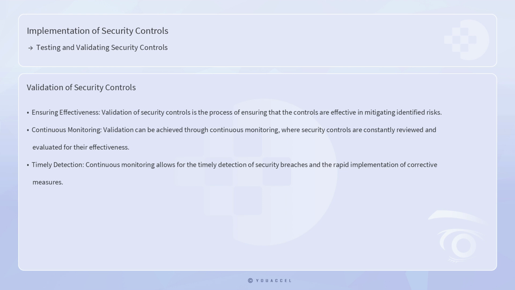Validation can be achieved through continuous monitoring, where security controls are constantly reviewed and evaluated for their effectiveness. This is particularly important in dynamic environments where new threats emerge regularly. Continuous monitoring allows for the timely detection of security breaches and the rapid implementation of corrective measures.